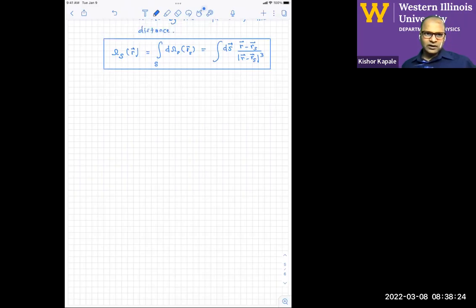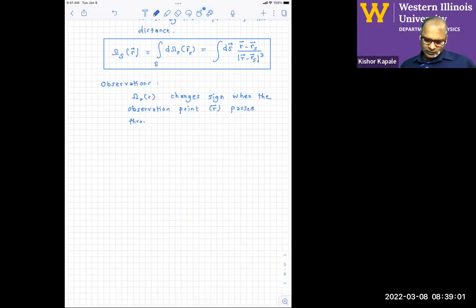One observation: omega S R changes sign when the observation point, which is R, passes through the surface S, right?